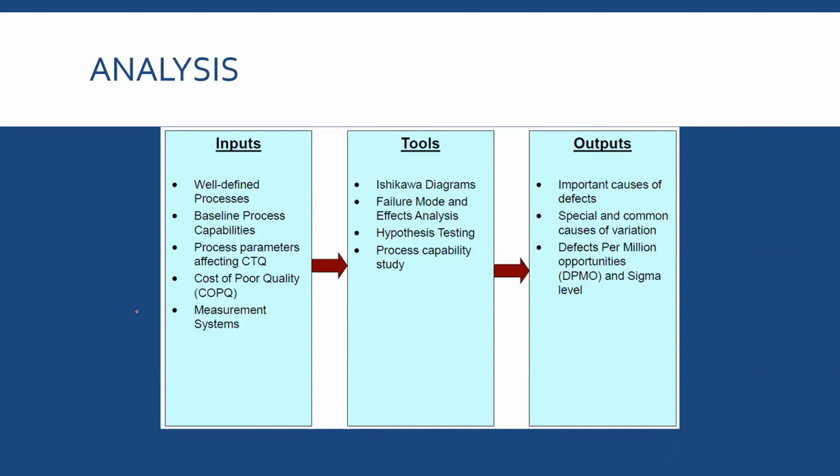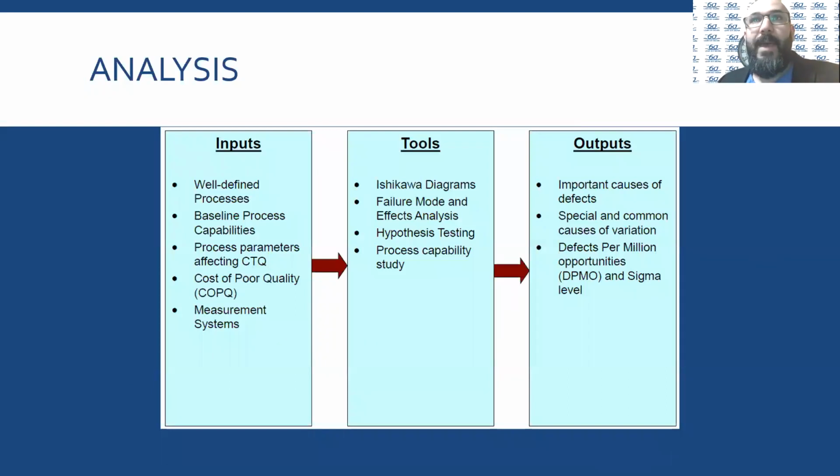We have some measures on the cost of poor quality. We have a lot of measurements and metrics that we use, such as the cycle time and the lead time. We looked into the process in more detail, and now we have a well-defined process.